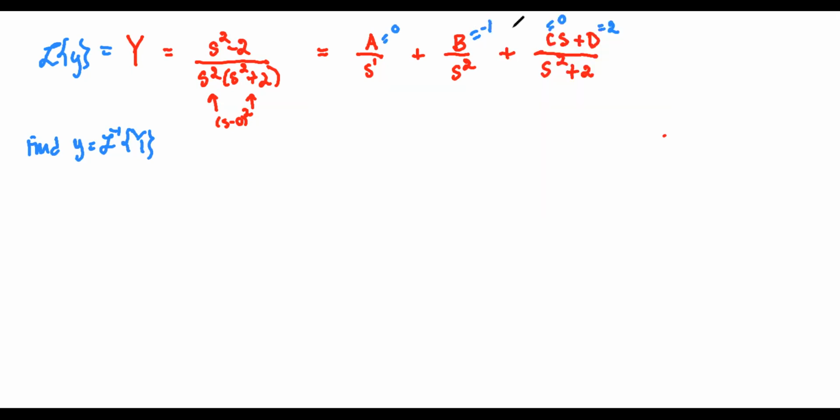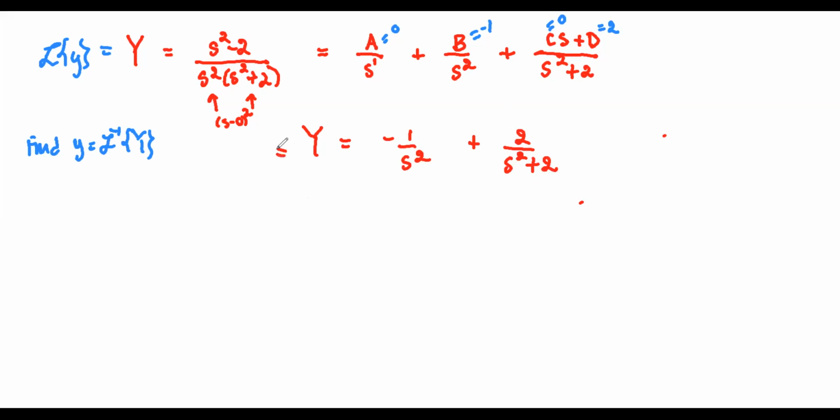Awesome. So I'm going to rewrite it. For the capital Y, this term is gone, and the next is negative 1 over s squared, and the last term we have 2 divided by s squared plus 2, and then apply the Laplace transform.